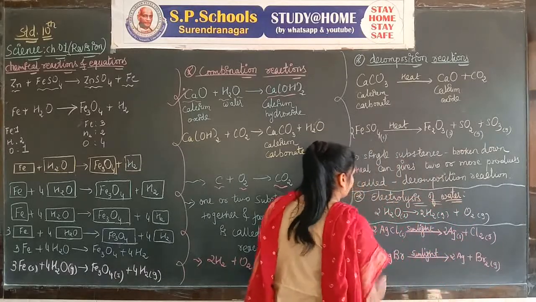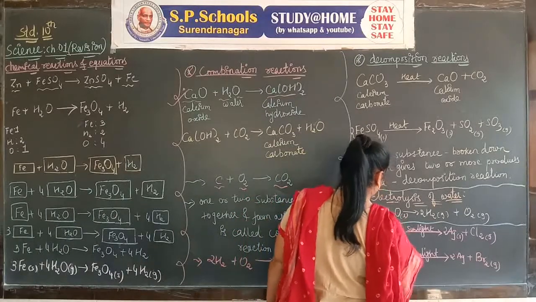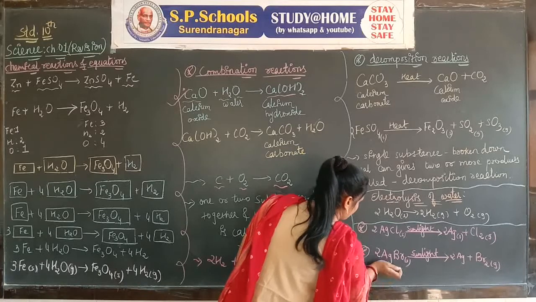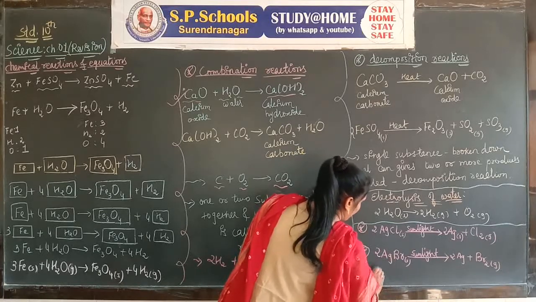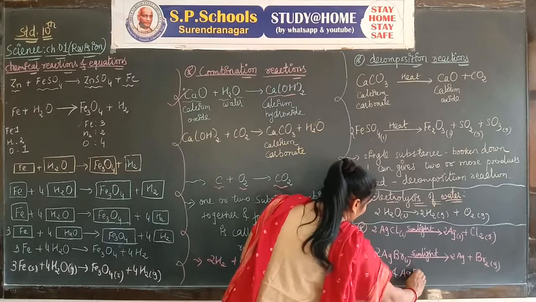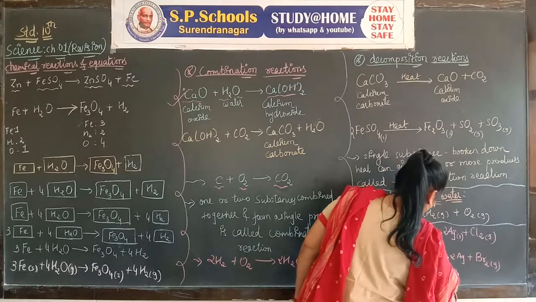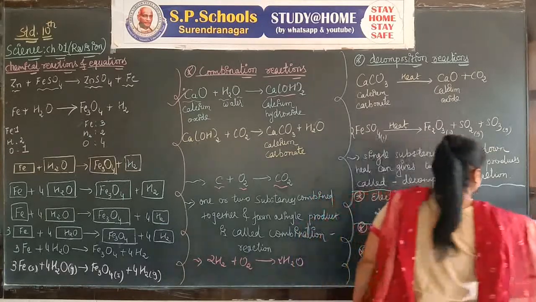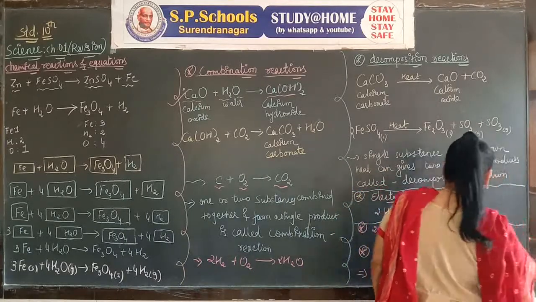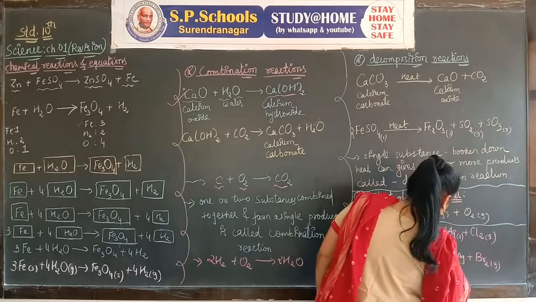AgCl and AgBr can be used in black and white photography. Here the 1 mark important question is black and white photography.